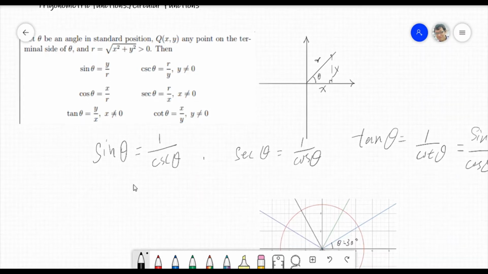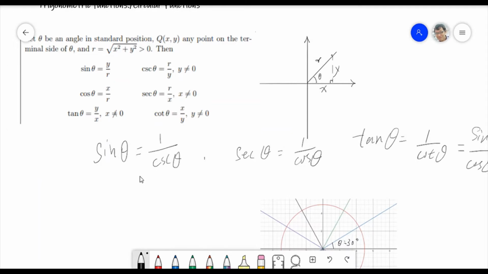So here I'm writing some equations. Sine theta equals 1 over cosecant theta, because they are just reciprocals. Secant theta is equal to 1 over cosine theta. Tangent equals 1 over cotangent.